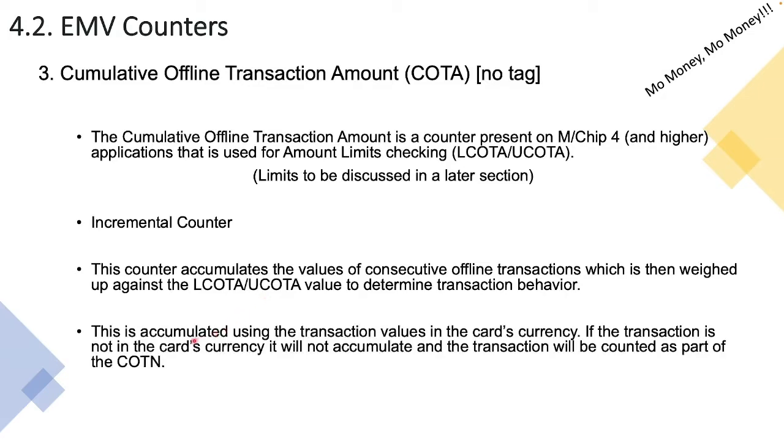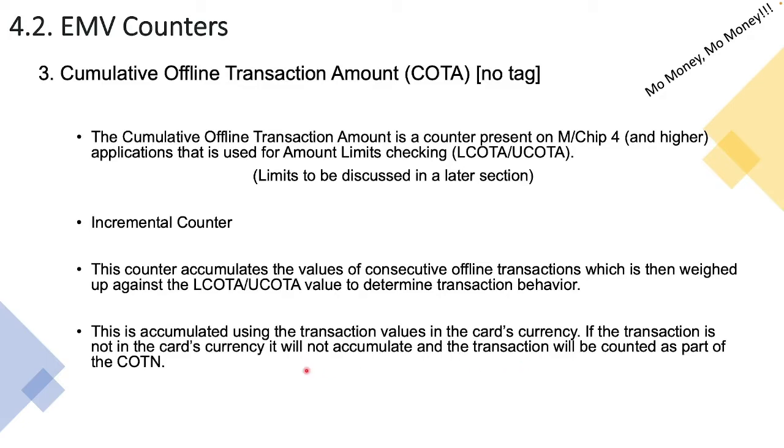The other important criteria to note is that this accumulation takes place using the transaction values in the card's currency. So the card is personalized with a currency. It could be rands, it could be dollars, it could be pounds. And so this COTA counter will only increment on transactions that occur in the currency of the card.